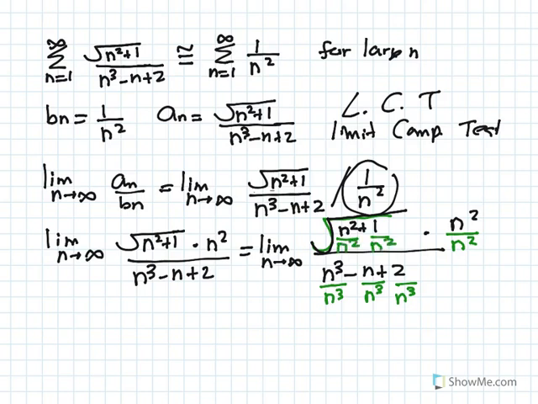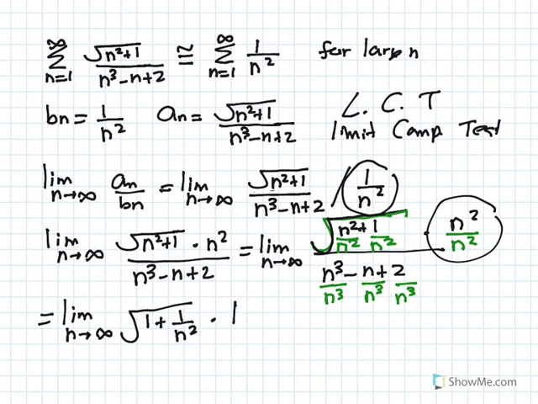Again, dividing by n squared inside a radical is equivalent to dividing by n outside a radical. So now we simplify. We get the limit as n approaches infinity of root of n squared divided by n squared, that's 1, plus 1 over n squared, times n squared divided by n squared, this is just 1, divided by 1 minus 1 over n squared, plus 2 over n cubed.